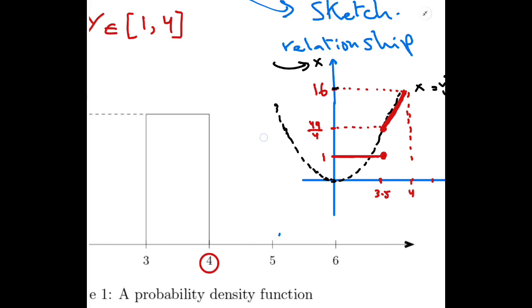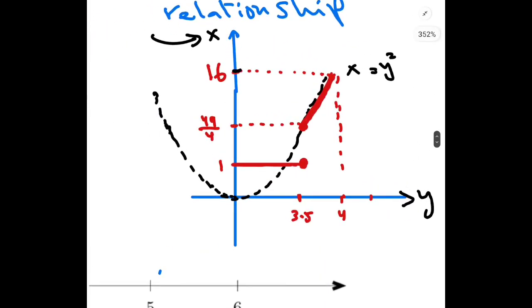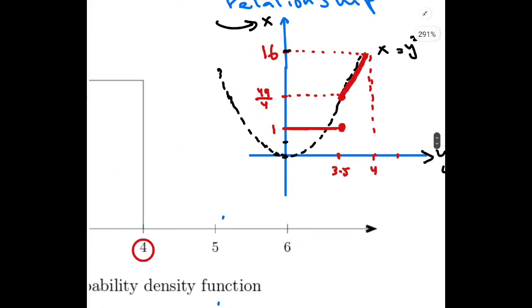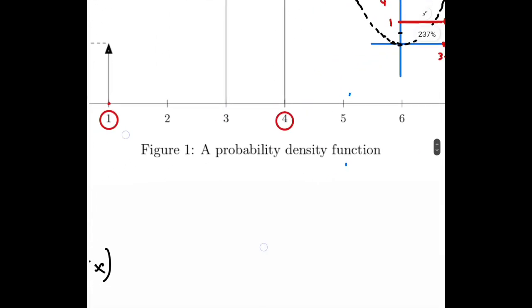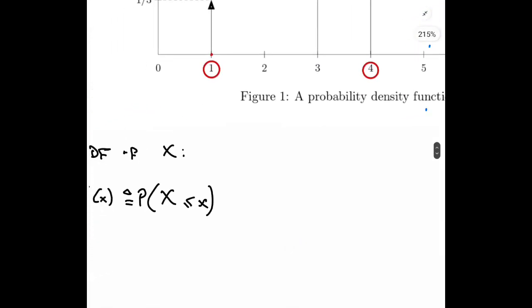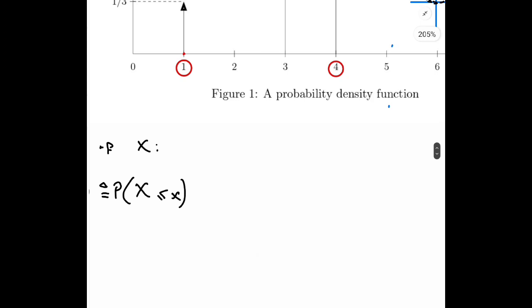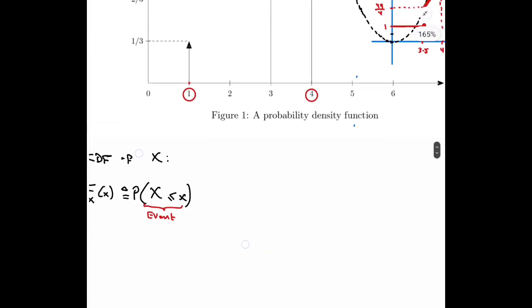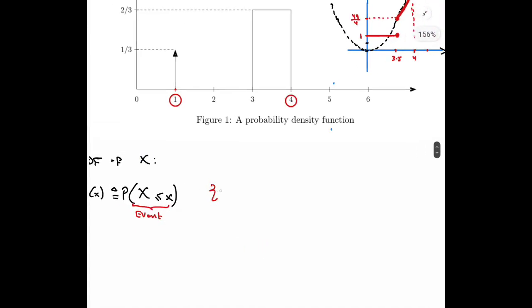So let's see. When x, this is very important, when x is less than 1, we see that there is no y mapping. We need to find the mapping of the variable x to y so that we can use the density function of y to evaluate the CDF. This is an event, right? So let's write it here: the event X less than or equal to little x.